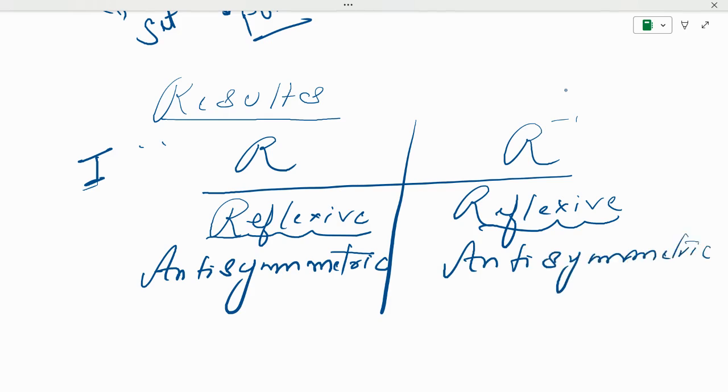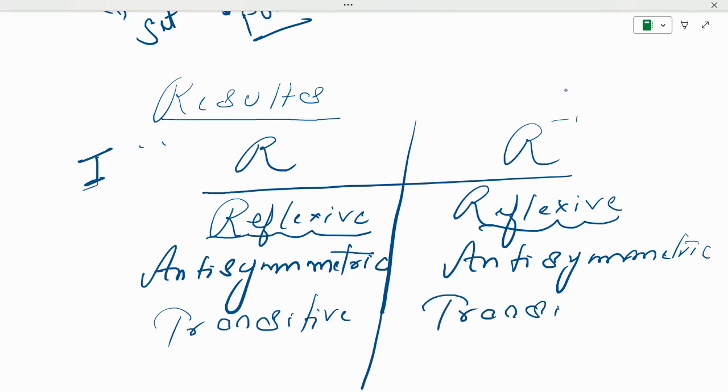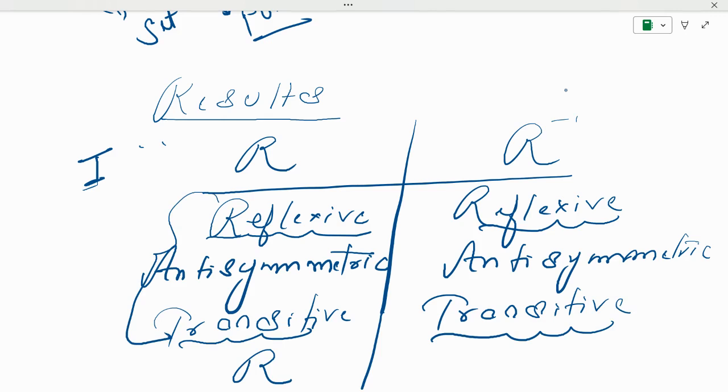If R is transitive, then R inverse is also transitive. So this is one more condition satisfied by both. And if all these conditions are satisfied, then R is a POR, so R inverse is also a POR.